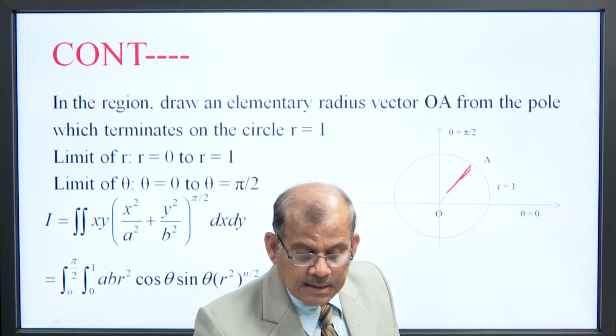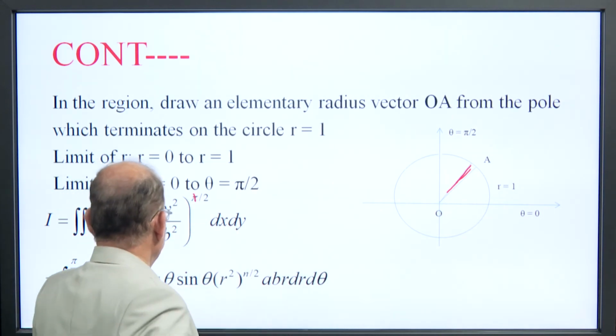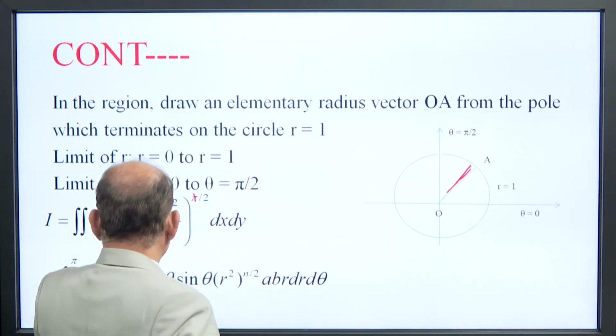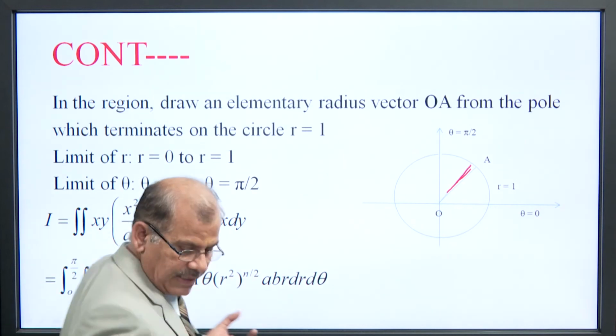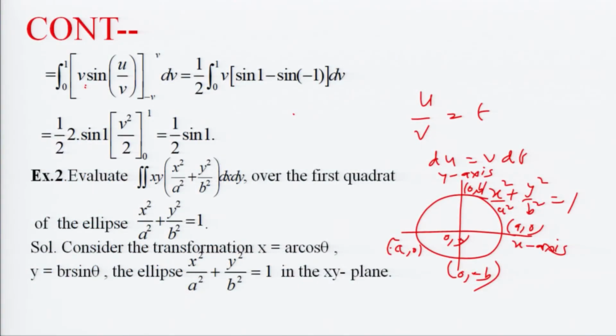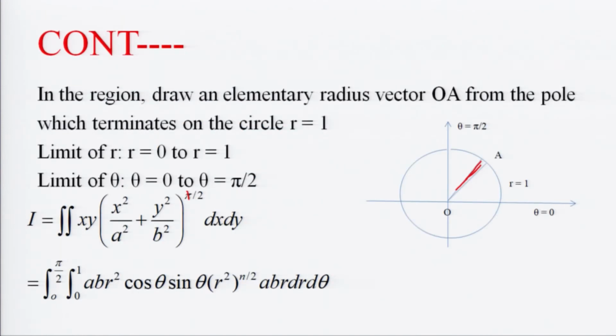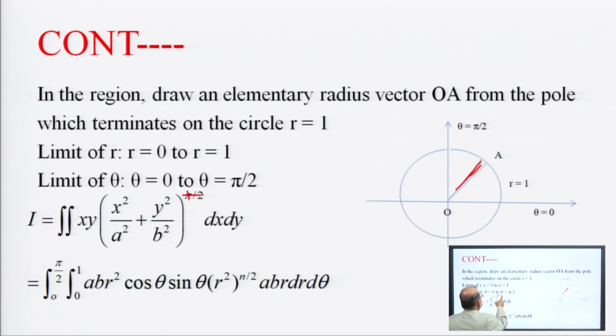It is not pi by 2, but it is raised to the power n by 2. Substituting f(x, y) and the given limits, we get this.